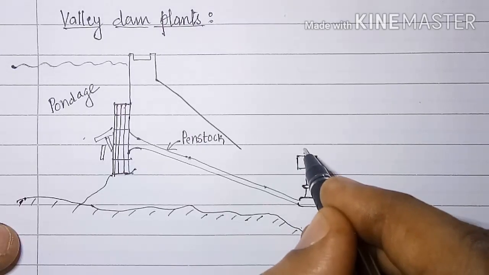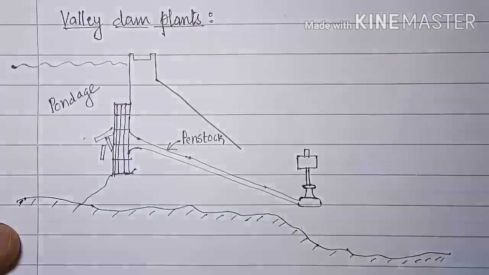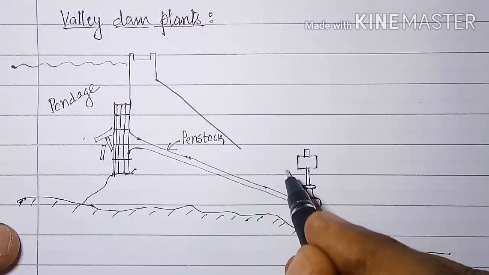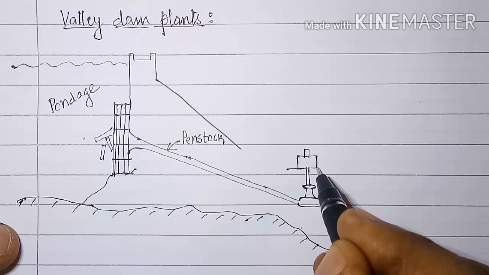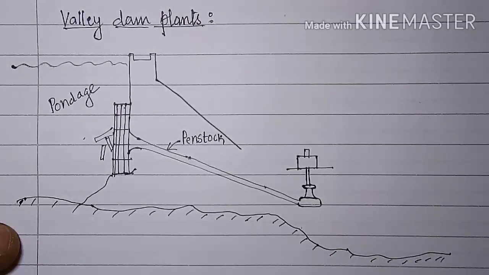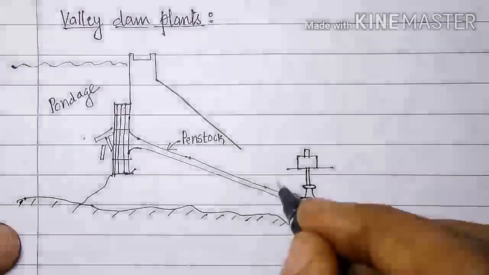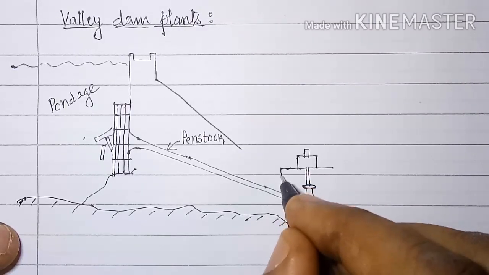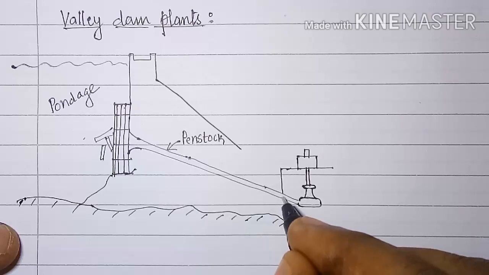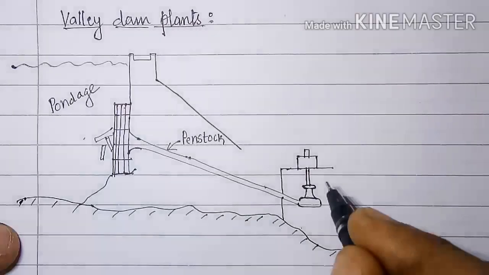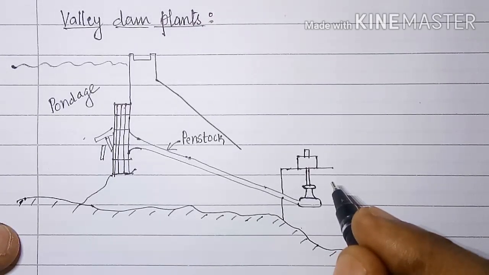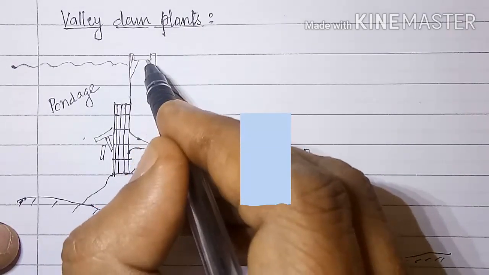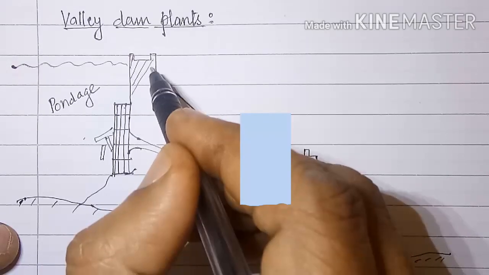Turbine is connected to generator mechanically. This is the floor of generator room. This all together will be forming the powerhouse. And this is concrete structure here, we will hatch it.